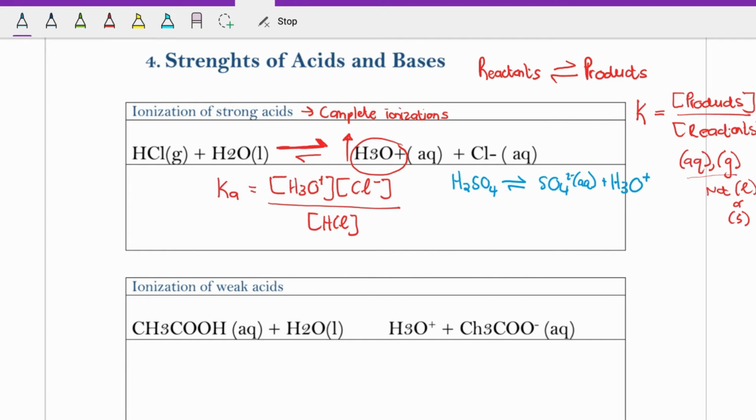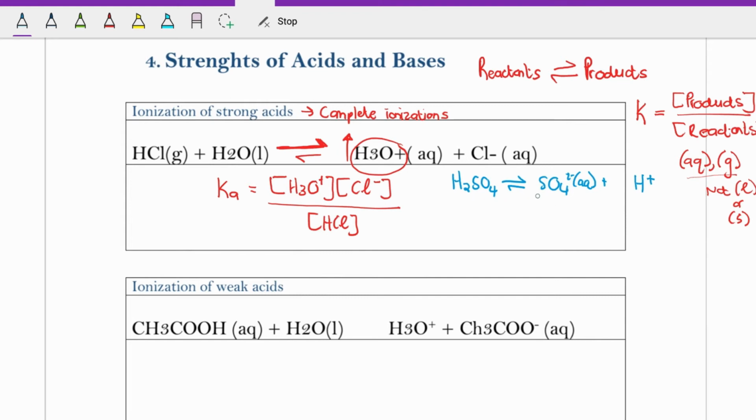It is always important to ensure that you have a balanced reaction equation. If you find this a little bit difficult to balance, you can always just write down hydrogen ion. Okay, it's the same as saying hydronium.